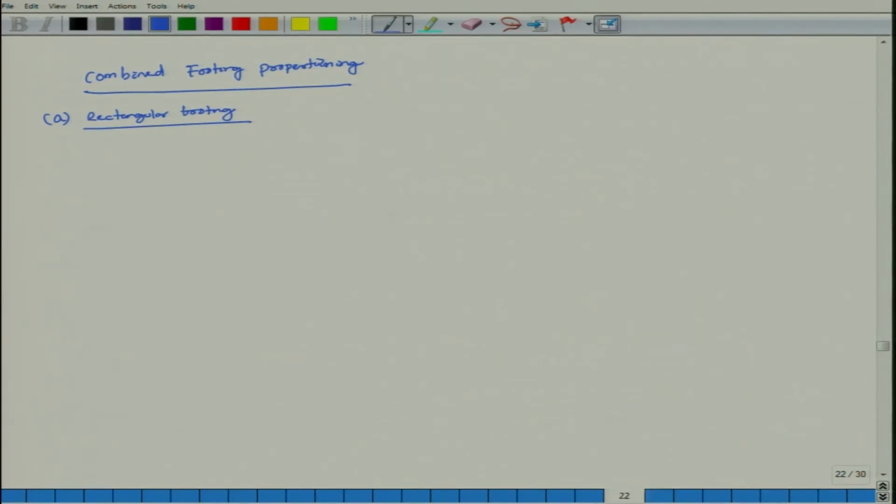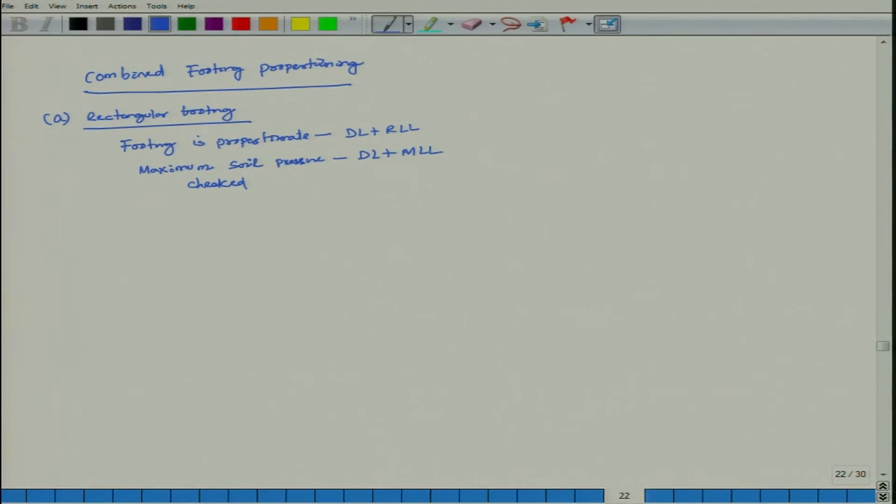Rectangular footing is proportioned considering your dead load plus reduced live load. Maximum soil pressure has to be checked considering your dead load plus maximum live load.